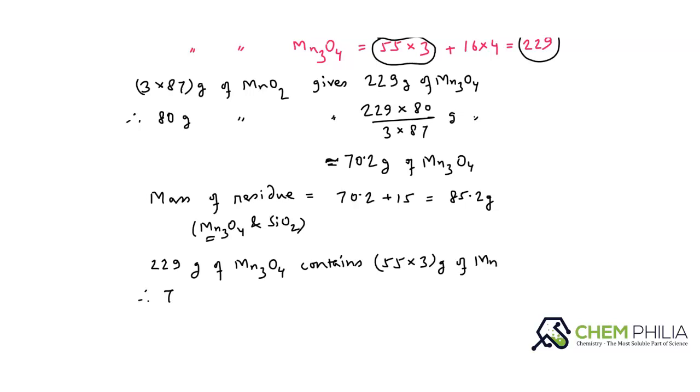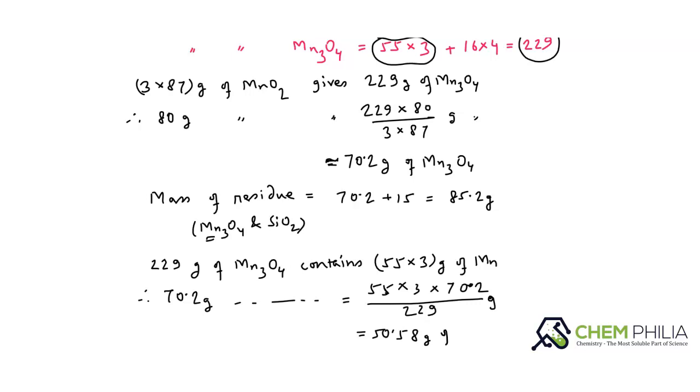Therefore 70.2 gram of Mn3O4 contains 55 into 3 into 70.2 divided by 229 gram. So the calculation gives us a result which is 50.58 gram of manganese.